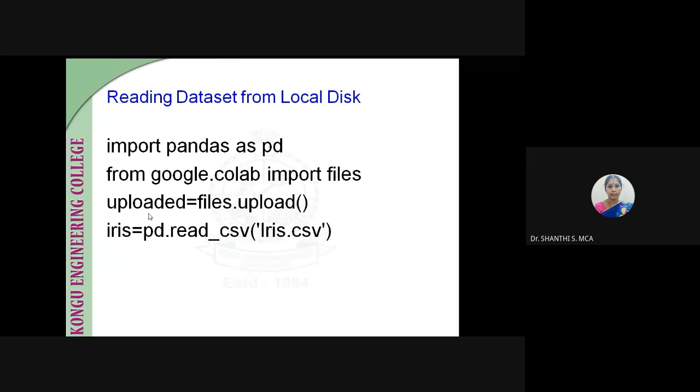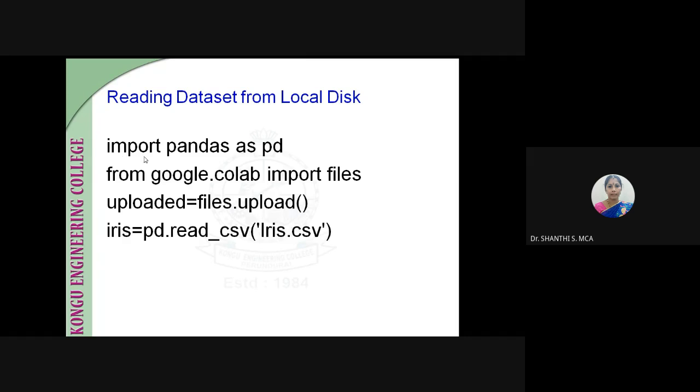If the data is available in your hard disk and you are working with Colaboratory, you can make use of the files.upload function to read the data from your hard disk.